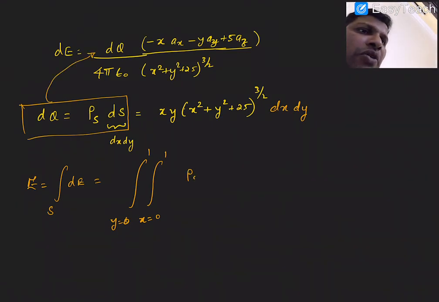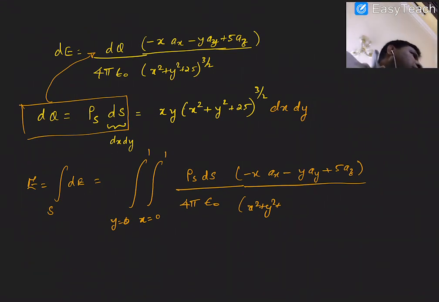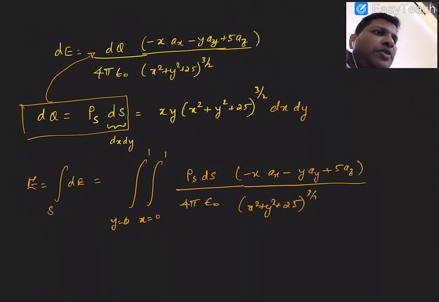So dq will be rho s into ds, divided by 4 pi epsilon 0 into minus x into ax minus y into ay plus 5 into az, divided by x square plus y square plus 25, whole power 3 by 2.